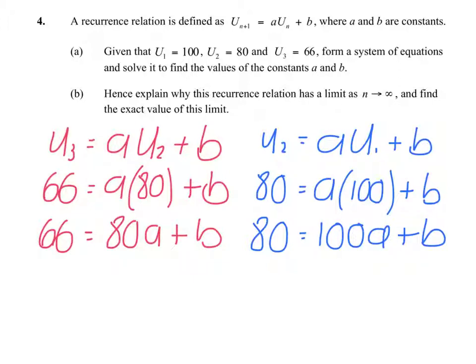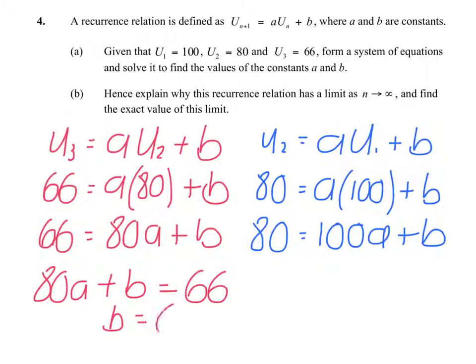The easiest way to do this, rather than setting out the way you would traditionally do simultaneous equations at a lower level, is that we can hopefully spot that this can be rearranged to make b the subject. So 80a plus b equals 66. That's just swapping the sides around, which means that b is equal to 66 take away 80a.